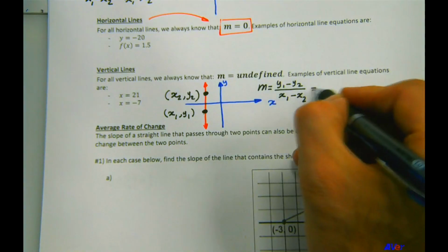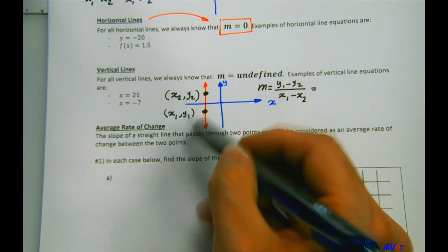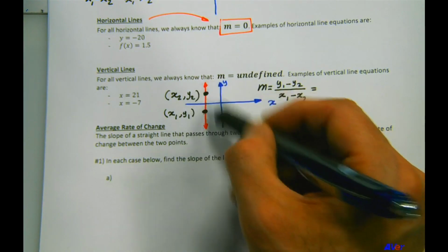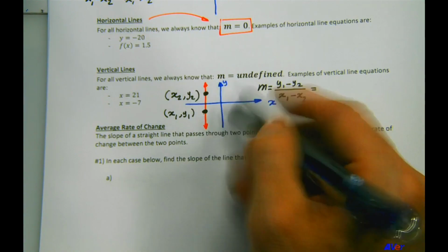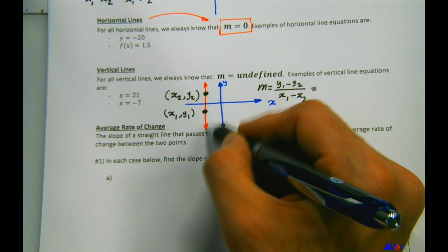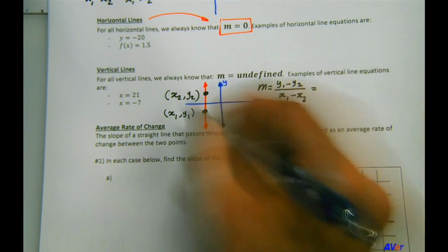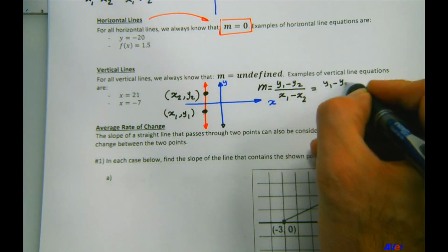So, take a careful look at these 2 points. y1 and y2 can be anything, right? Because this vertical line goes, with respect to the y-axis, from negative infinity to infinity. So they can be anything. So let's write y1 minus y2.